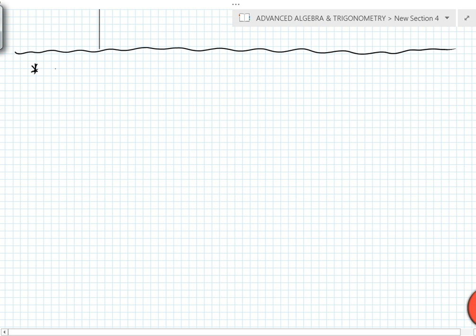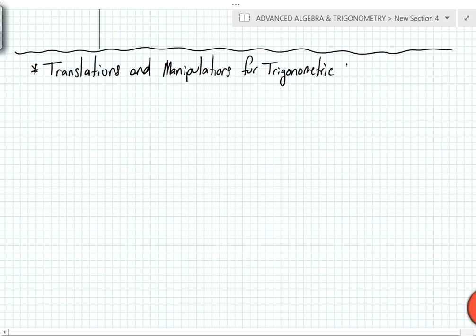So let's call this translations and manipulations for trigonometric functions. And what I'm going to write here is, let's use the cosine function.